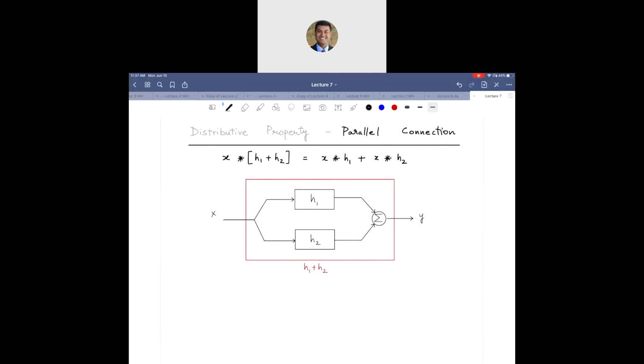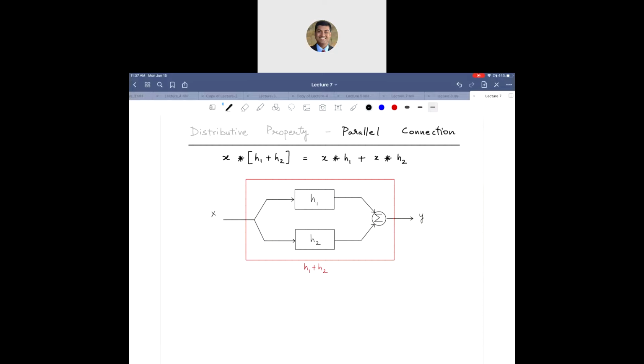Now we can look at the commutative property in terms of cascade connections between LTI systems. And similarly, we can look at the distributive property in terms of parallel connections between LTI systems.